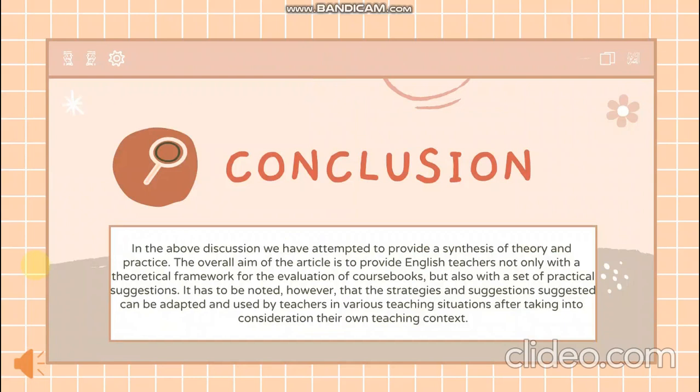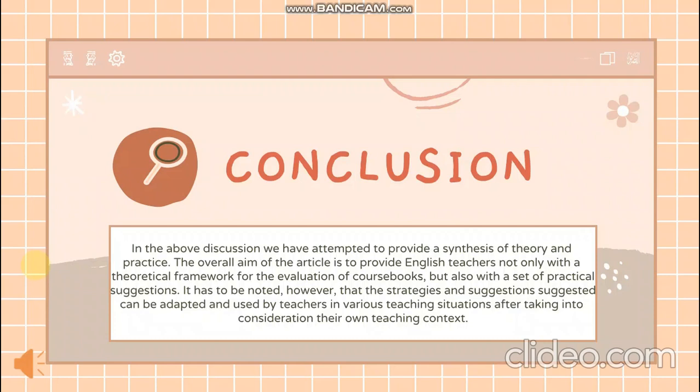Okay, from all the discussion, the conclusion is we have attempted to provide a synthesis of theory and practice. The overall aim of the article is to provide English teachers not only with a theoretical framework for the evaluation of course books, but also with a set of practical suggestions.